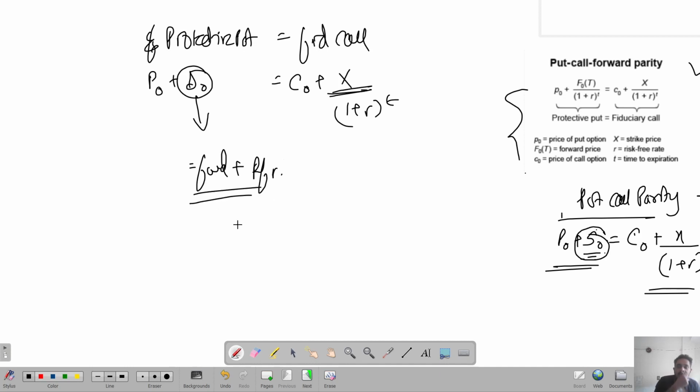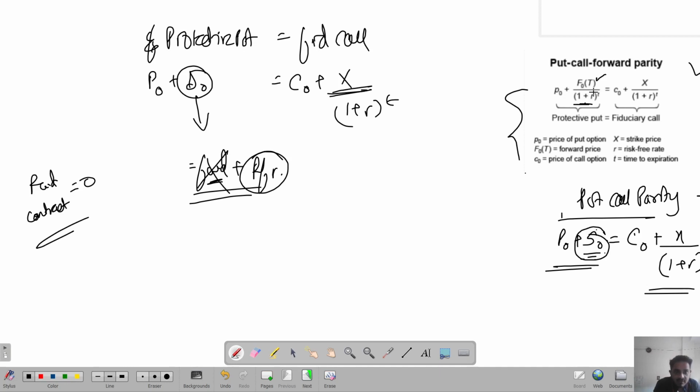Now you have to understand, since on inception a forward contract is always zero, forward contracts are zero at inception. That is why in the formula you're not going to find the forward contract. This is actually your zero coupon bond, or the risk-free rate bond, that is this one.